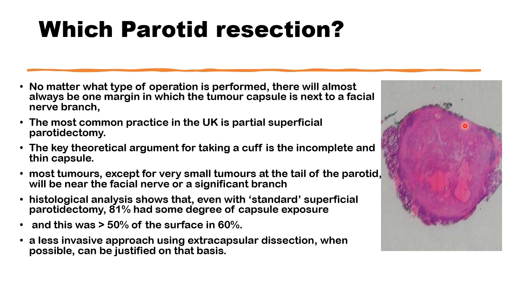And this capsule exposure is actually more than 50% of the surface of the tumor in about 60% of the cases. It would not be limited just to one area, it would be around 50% of the surface of the whole tumor.